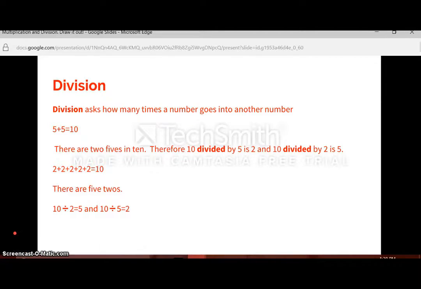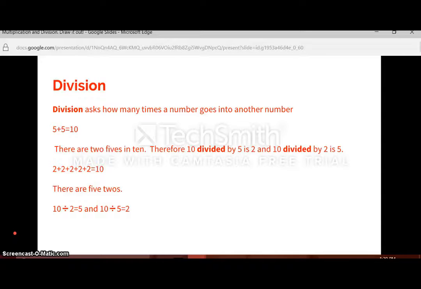And then the next one is division. This is where it gets a little bit more complex. We have the problem 5 plus 5 equals 10. Since there's 2 5's, we would take 10 divided by 5, which we know there's 2 5's right here, to get 2. Or we can do 10 divided by 2 is 5. So there's 5 2's.